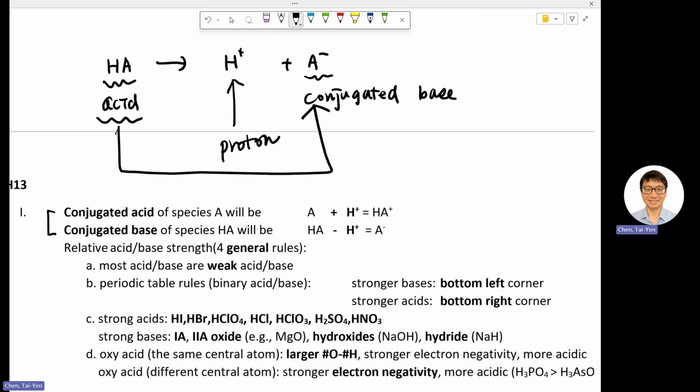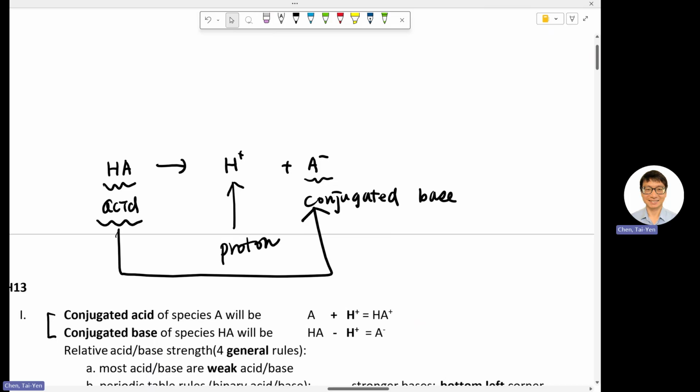Therefore, HA and A minus are a conjugate acid-base pair. If you just look at these two, you will realize the difference between your conjugate acid and base is just an H plus.